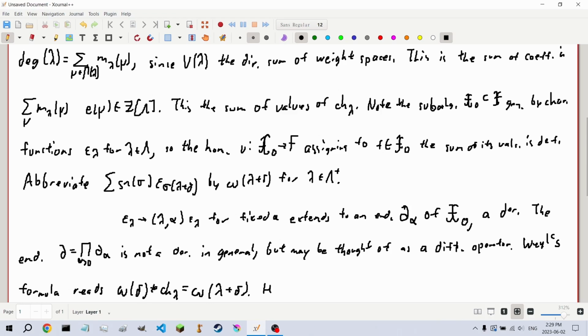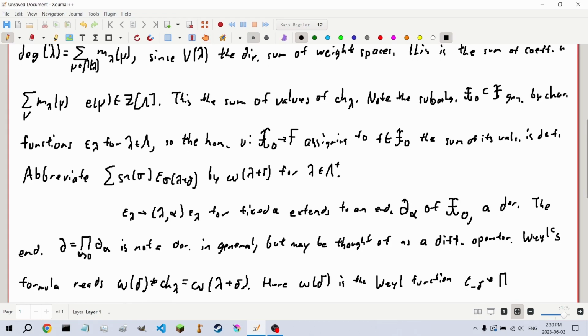Now here, this omega of delta is the Weyl function, which is epsilon of negative delta convoluted with the convolution over positive roots of epsilon alpha minus 1.